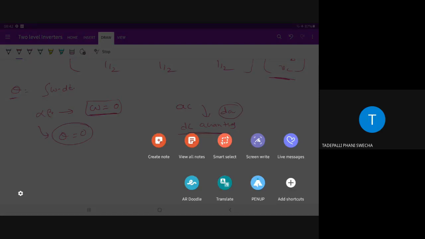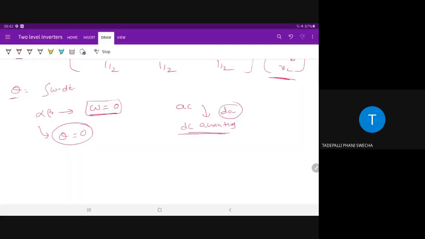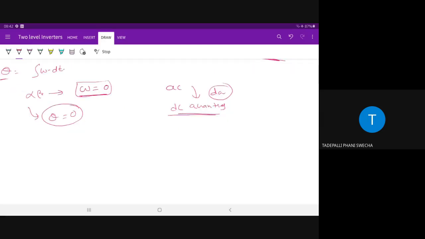By using the alpha beta transformation, 3-phase is converted to 2-phase. By using this DQ transformation, AC quantities are converted to DC quantities.